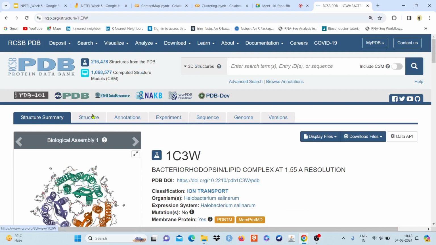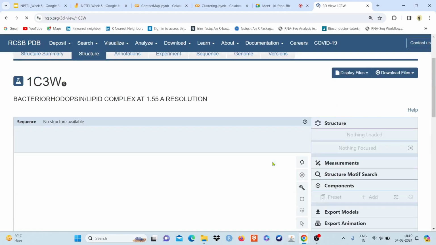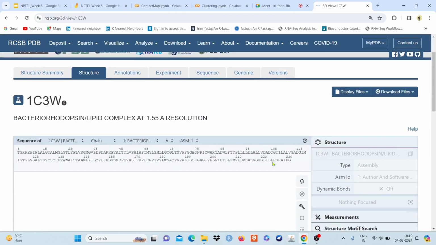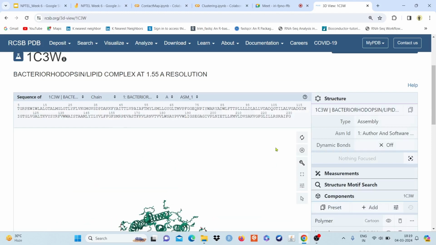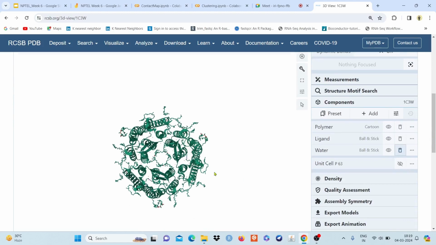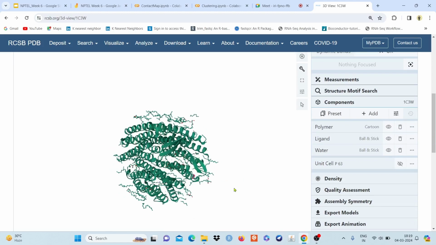When we move into the structure tab, this is the structure of the protein having PDB ID 1C3W.